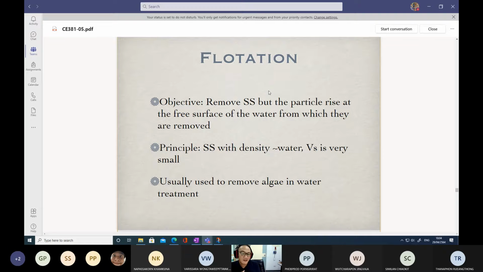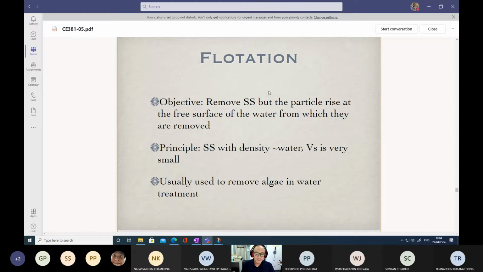The specific gravity is 2.65 for sands, but there are some kinds of suspended solids which have a density approximately the same as water. They are really light, like pieces of paper, or fiber, or many other types of suspended solids which are really light.